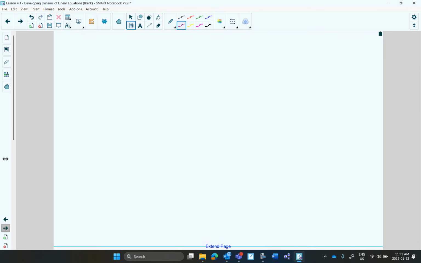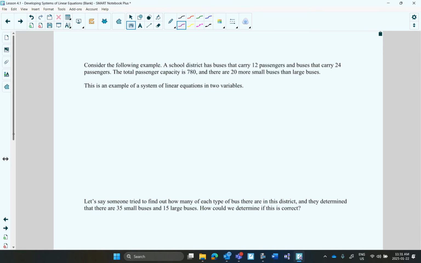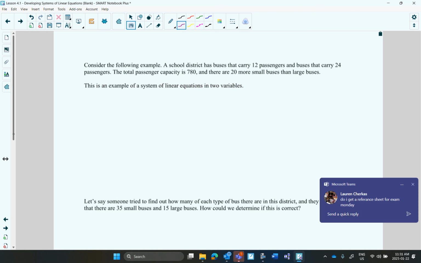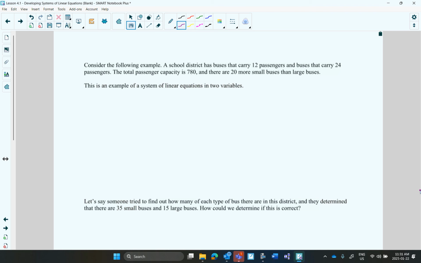So here, let's look at how to set up a system with 2 equations in problem situations. So we've got this situation. A school district has buses that carry 12 passengers, and buses that carry 24 passengers. The total passenger capacity is 780, and there are 20 more small buses than large buses.